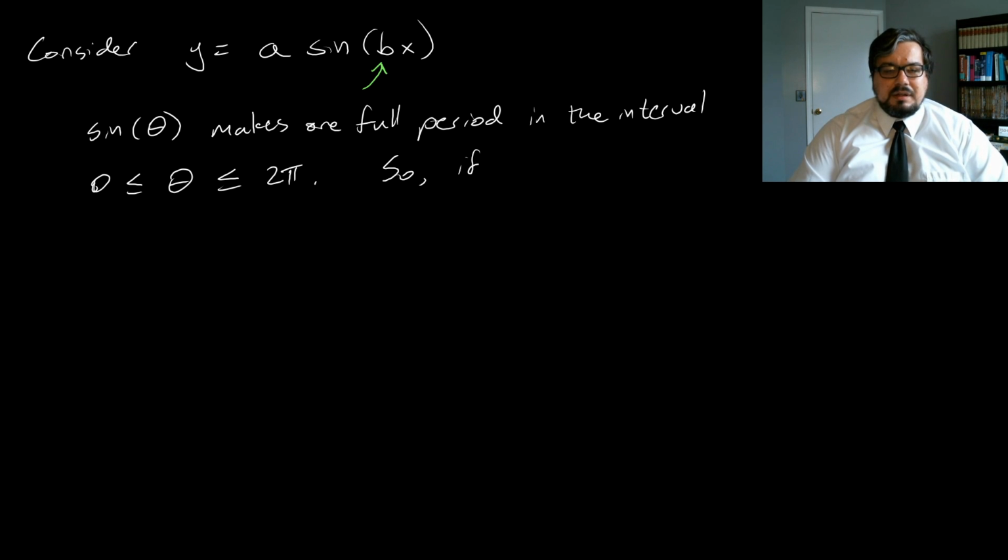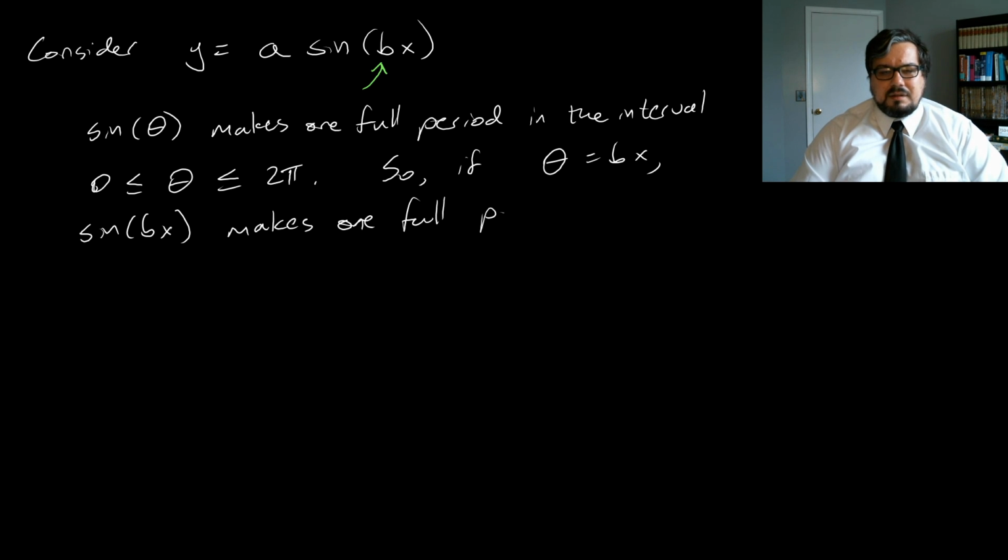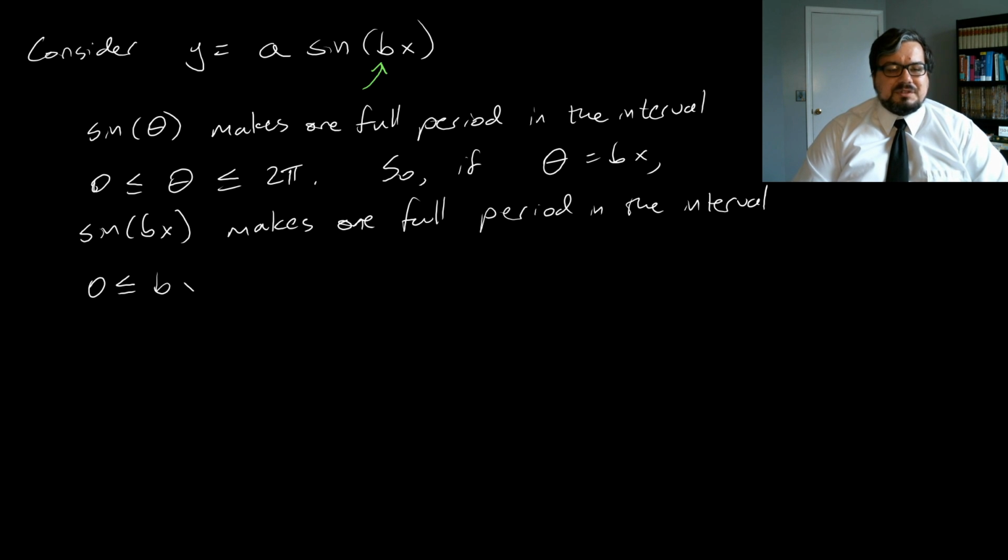So if theta equals bx, then sine of bx makes one full period in the interval defined by 0 is less than or equal to bx is less than or equal to 2 pi.